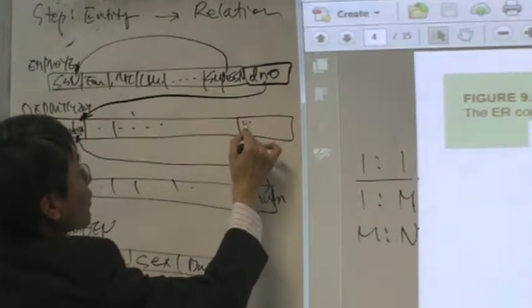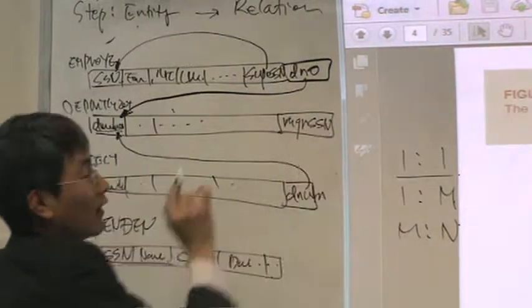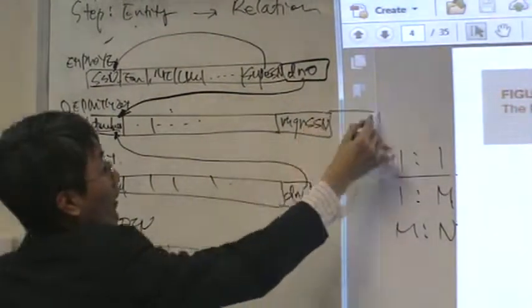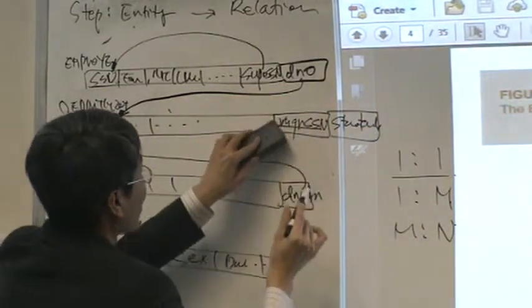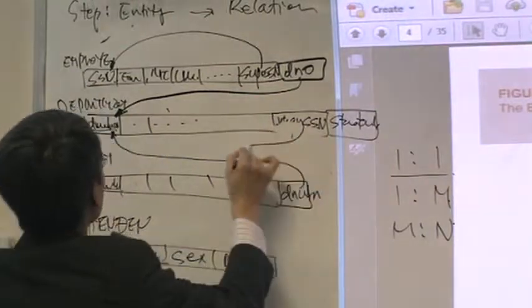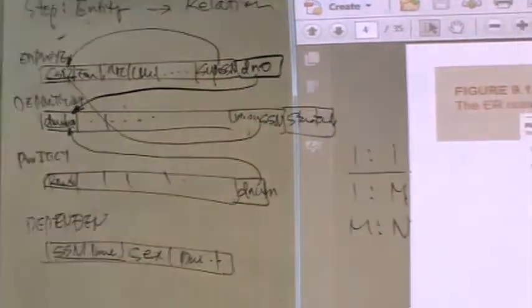It has the manager SSN. Okay? Then it has the start date. Not on the back. Just this. Okay? The last option is we add just a foreign key.